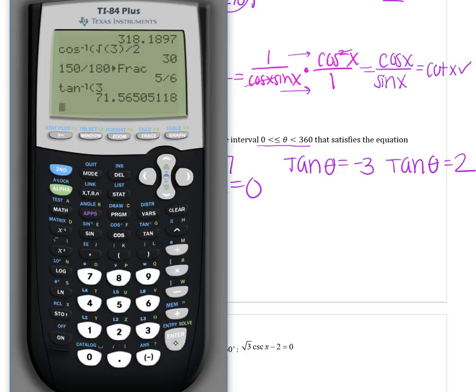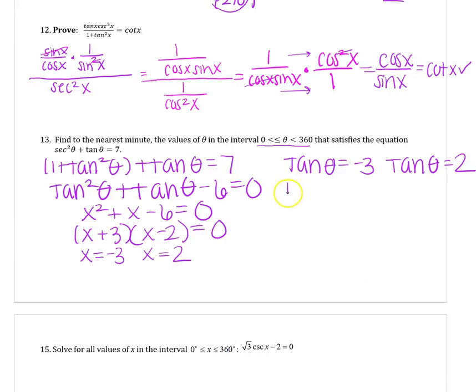And I get 71.56. Okay, that's your reference angle. Tangent is negative though. So if we think of all students take classes, we're not going to look in 1 and 3, we're going to look in 2 and 4.